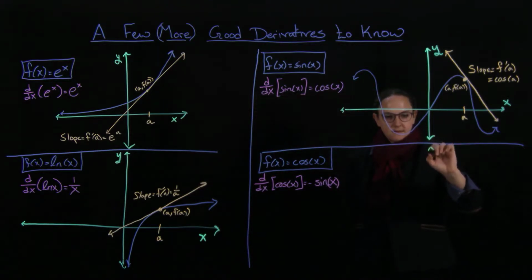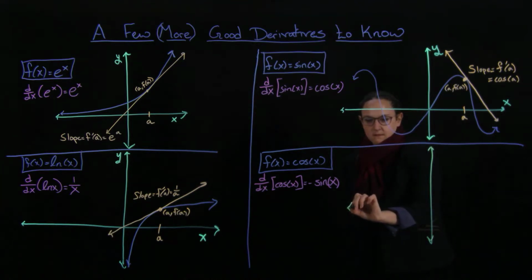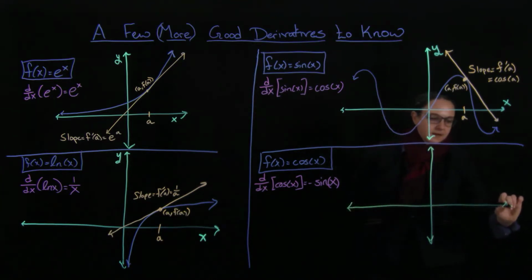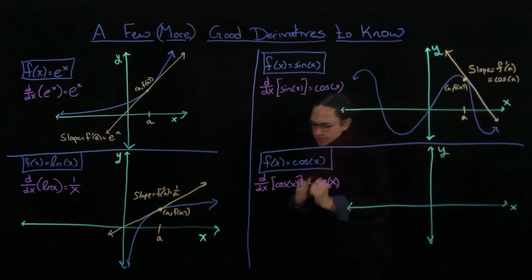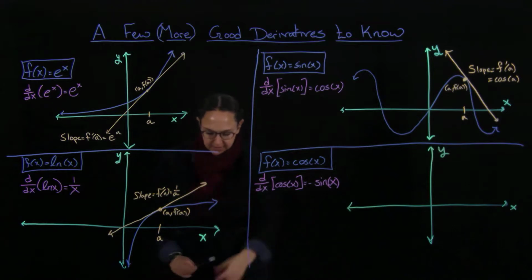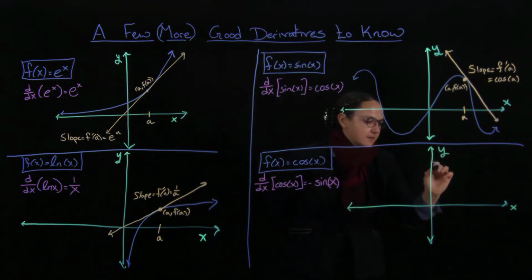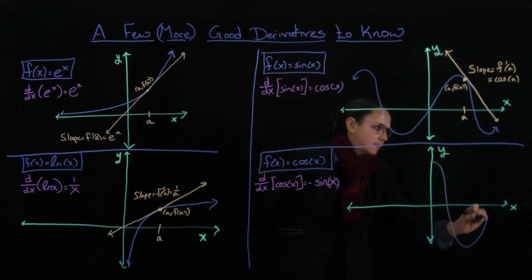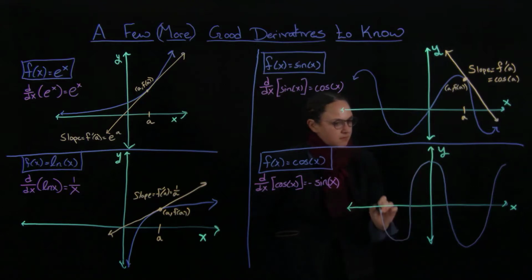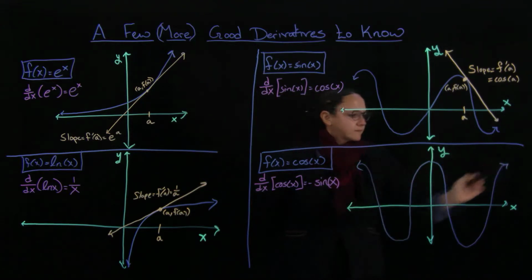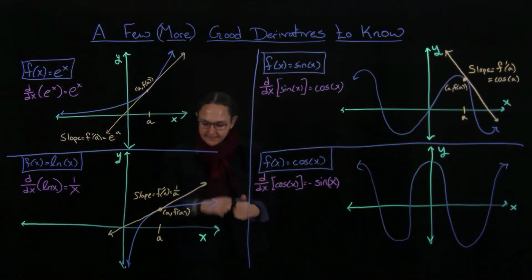So I have again my input x axis and my output y axis. And then the graph of this function is going to go up and then down, up and down. Okay, so that's the graph of this function here, where y equals cosine of x.